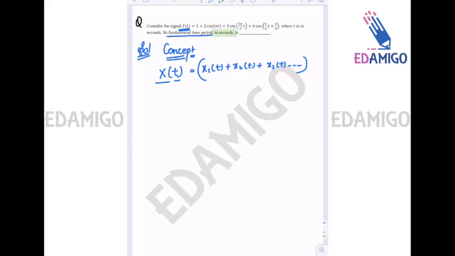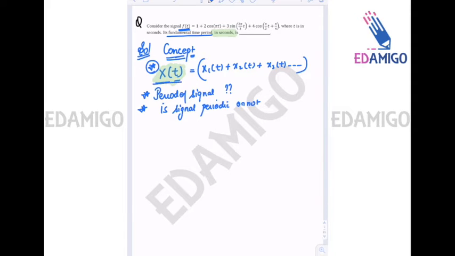We have to find the period of the signal, and also we have to find whether the signal is periodic or not. Okay, so let me give you the concept first.